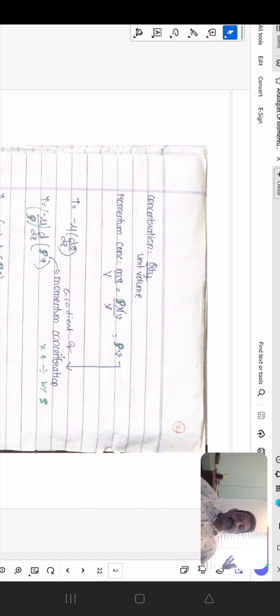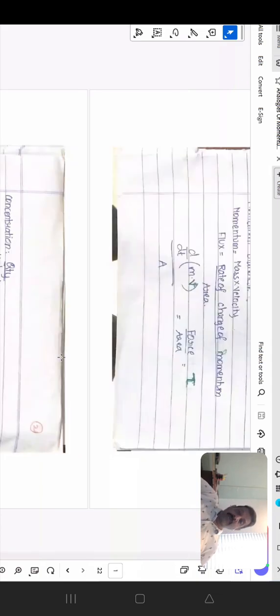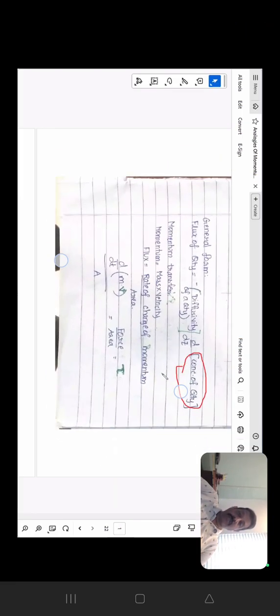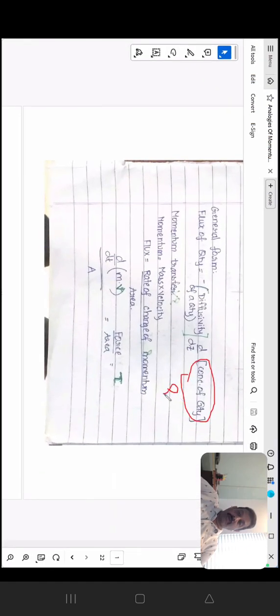So that is capital V. The mass is density into volume. So density into volume into velocity divided by V. V cancels. So what is the momentum concentration? Rho into velocity, correct? So the term inside, the change in concentration of a quantity in momentum transfer, is rho into v. Rho into v divided by dz.